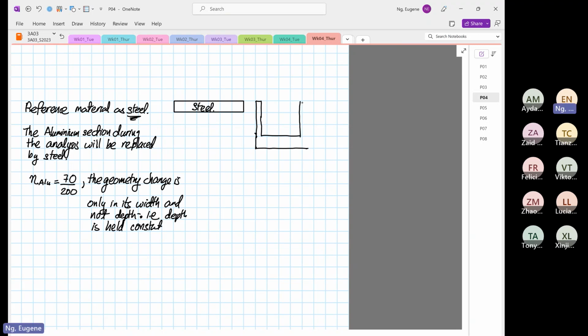So now we replace the whole thing in steel. This is the geometry. So this is the aluminum section that has been replaced by steel.